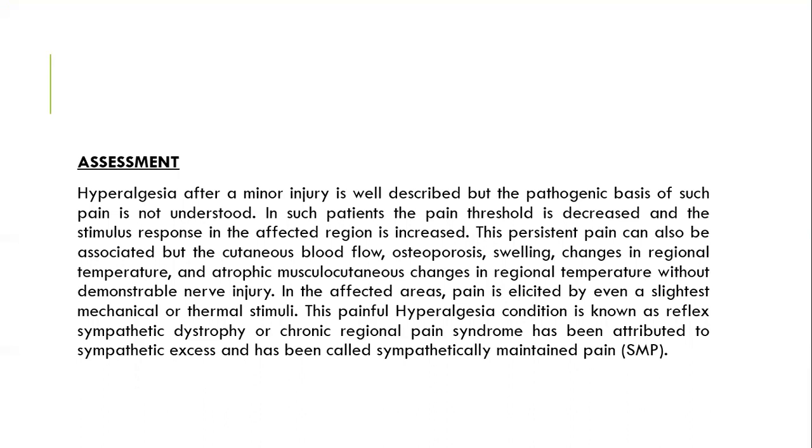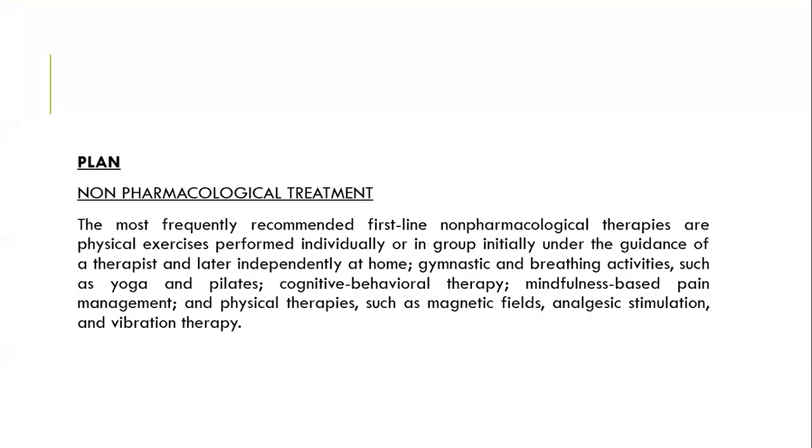In the affected area, pain is elicited by even the slightest mechanical or thermal stimuli. This painful hyperalgesia condition is known as reflex sympathetic dystrophy or chronic regional pain syndrome. It has been attributed to sympathetic excess and has been called sympathetically maintained pain.